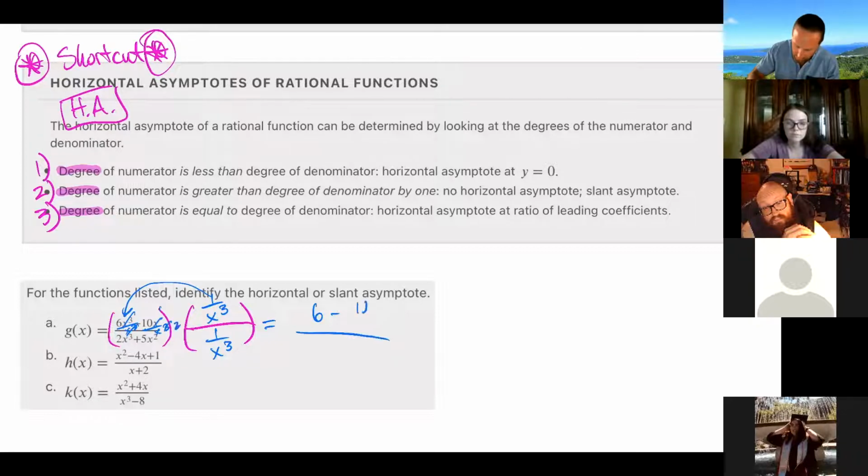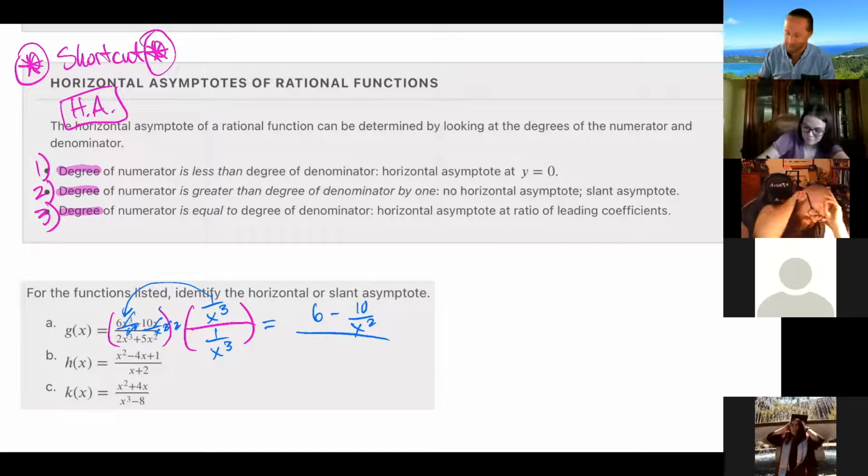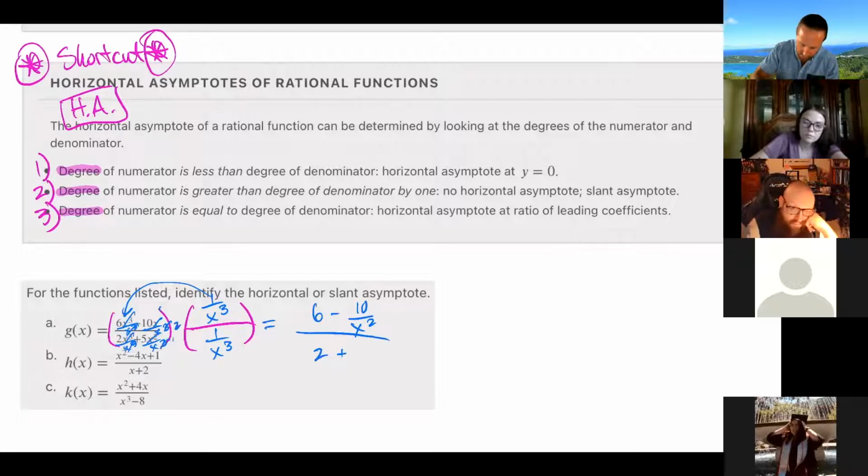So now I'd have 10 over x squared. Looks better already, doesn't it? Yuck. But there's a reason to this, okay? Just watch. Bottom, divide that by x cubed and that by x cubed. This one, the x cubes also cancel, so I get a 2, and then plus 2 of these with 2 of those, so I'm just left with 5 over x.